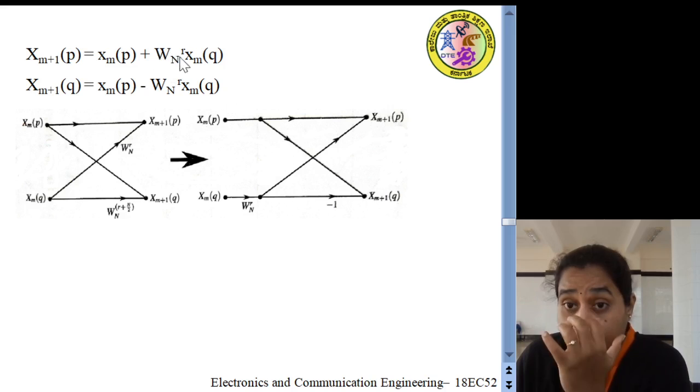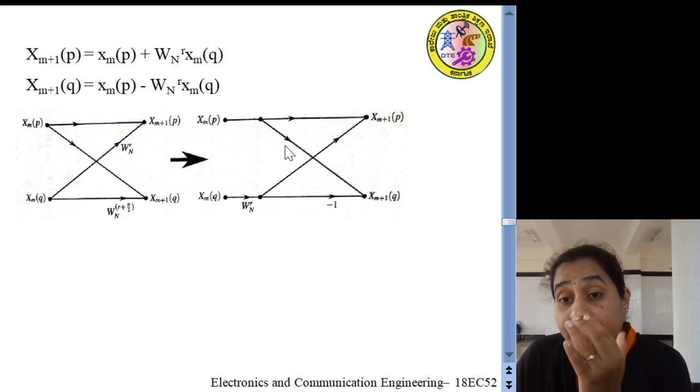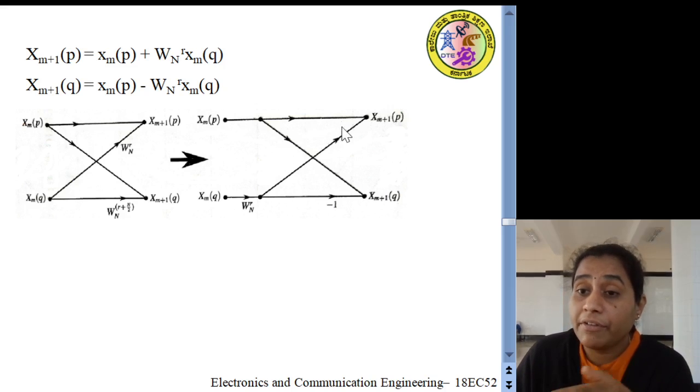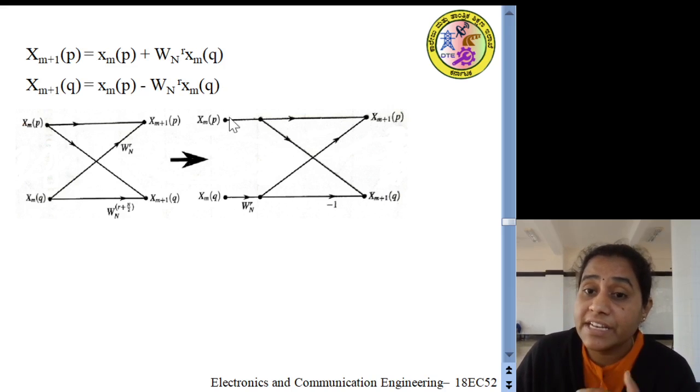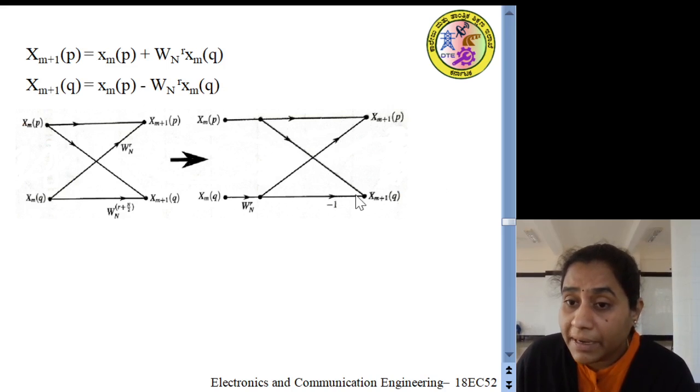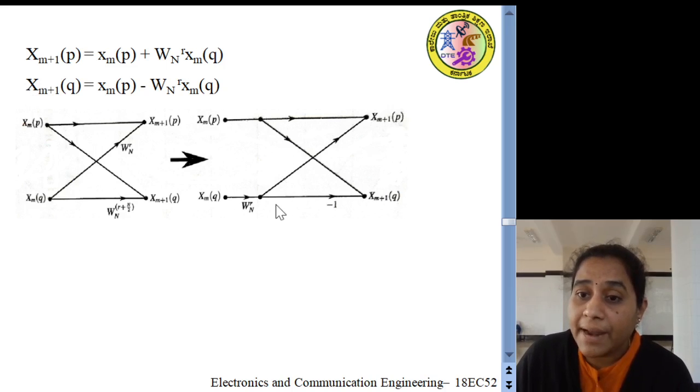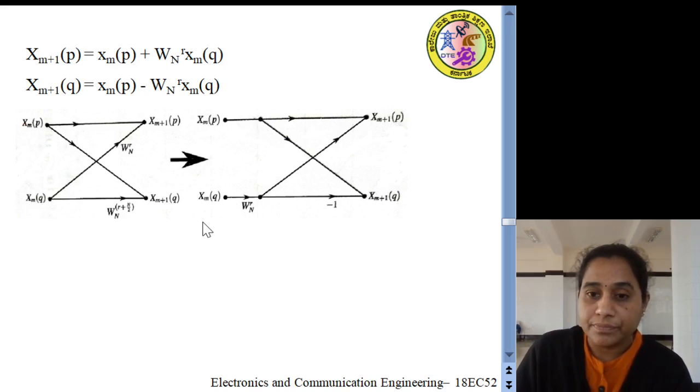That means multiplying these terms every time will be completely taken off. Instead, this will be multiplied by minus 1. So xm plus 1 of p is equal to xm of p plus the twiddle factor Wn raised to the power of r into xm of q, and xm plus 1 of q is equal to xm of p minus Wn raised to the power of r into xm of q.